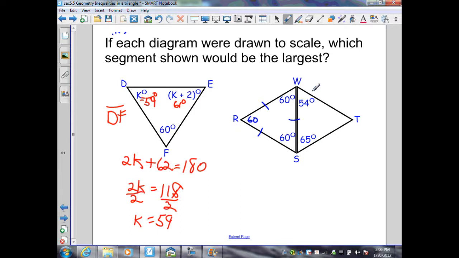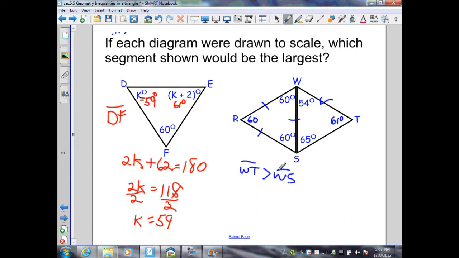On this triangle, WTS, I have two angles that are known, 54 and 65. When I add those two together, I'm going to get 119. 119 from 180 leaves me a 61 degree angle. In this triangle, I know the biggest side has to be WT. Therefore, WT is bigger than the next biggest side in this triangle, WS.